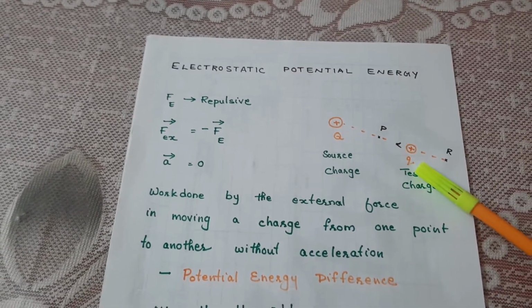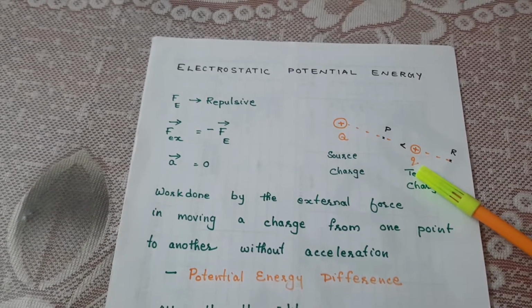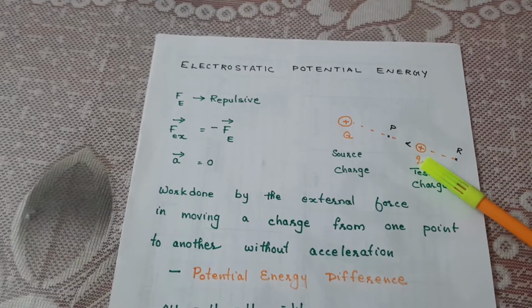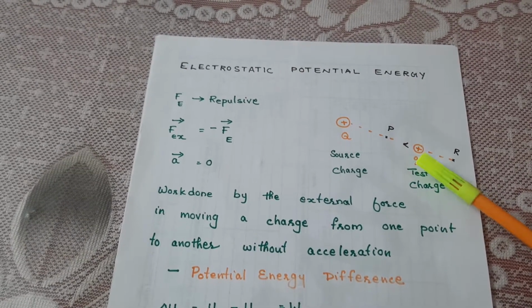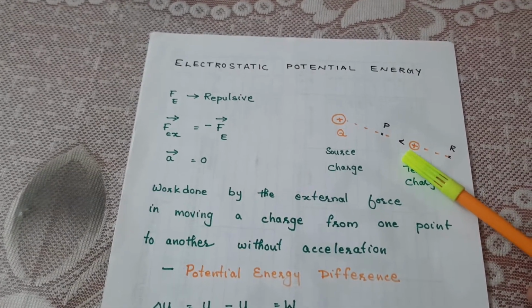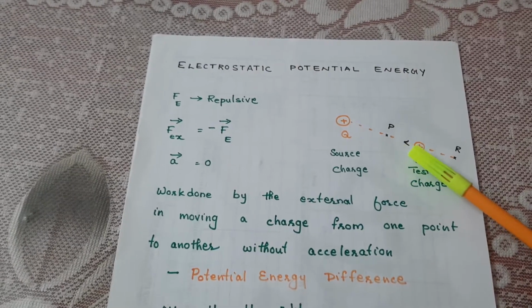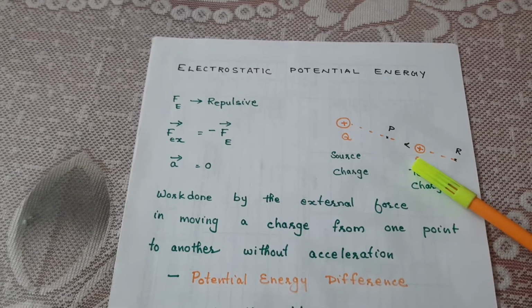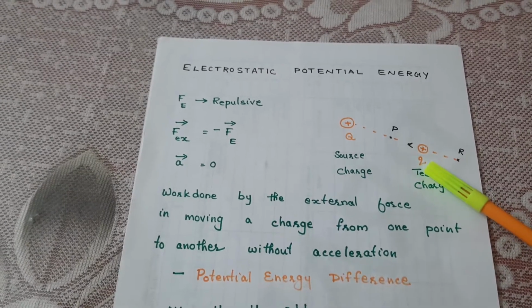In order to bring a test charge towards the source charge, work has to be done against the electrostatic force, as the electrostatic force is repulsive. Both the charges are like charges, so the force is repulsive.